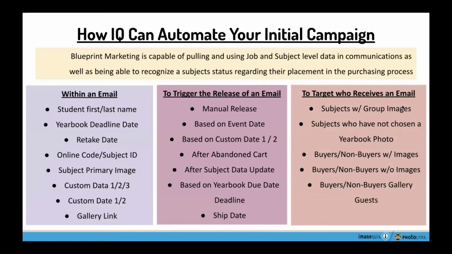We can also pull online code and subject IDs, which is very popular because studios tell us all the time that before this, they would get constant calls because a child would never bring home their online code and they needed to get it to Access. This way, the email actually pulls that code directly and it's in the parent's inbox. So there's no lost space in between, which should hopefully lower the amount of calls that you guys get for minute little things like that that end up taking a lot of time.